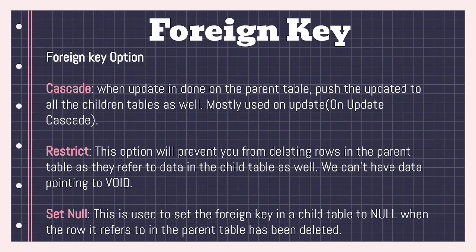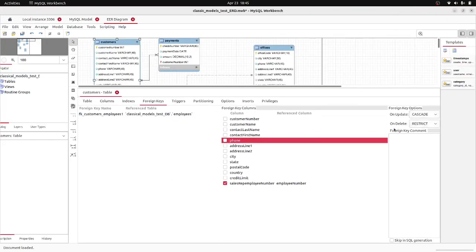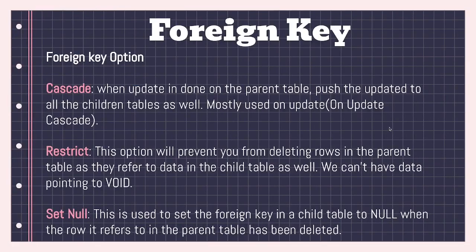So if you want to implement a situation whereby a child table cannot refer to a void value, then you use restrict. It's mostly used in deleting. You don't want to delete a parent and leave the child hanging.